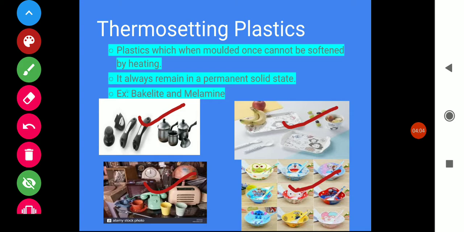So the handles of cooker, these are bakelite, and here you can see the dinner set. These are made from the melamine. Okay, so the plastics are very hard. Once molded, they cannot be deformed on heating. Such plastics are called thermosetting plastics.